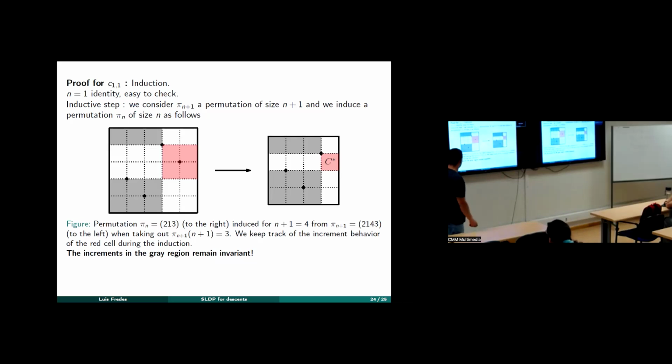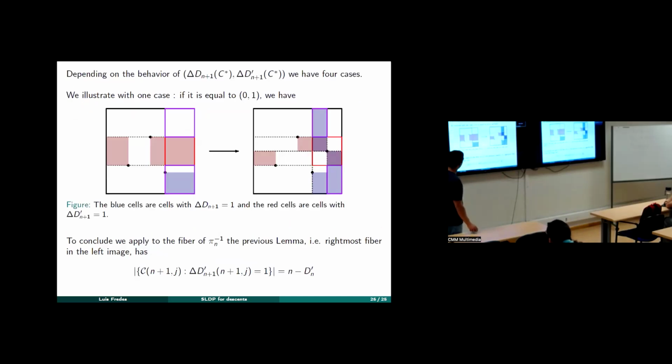I will just give you the intuition of what happens, because there are 4 cases and it depends on the increments that C star has. And this is the part where the lemmas that I just showed have some interest.